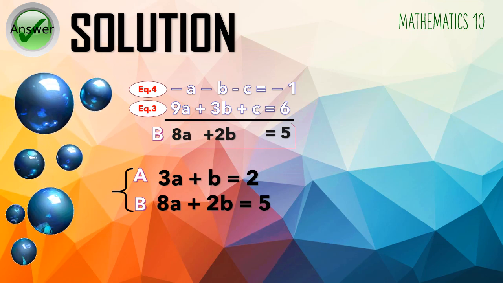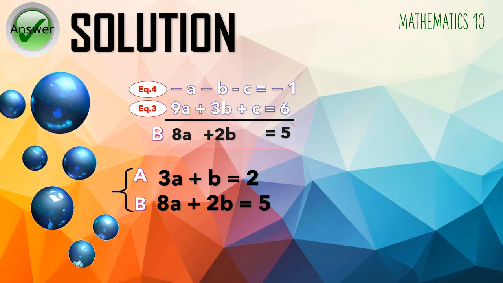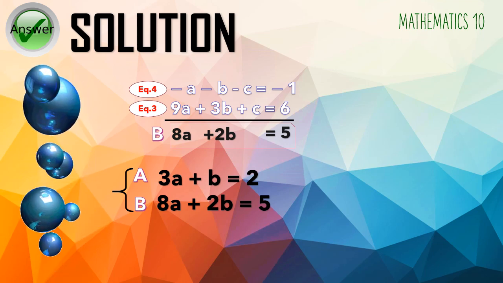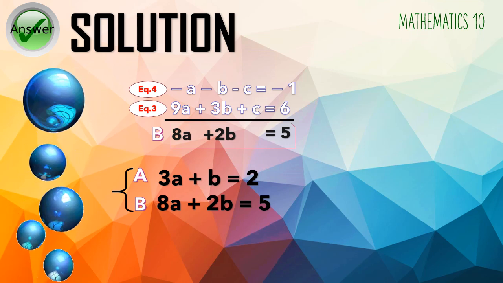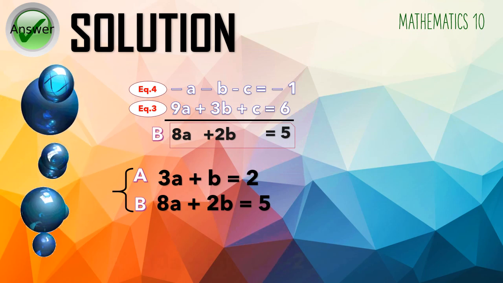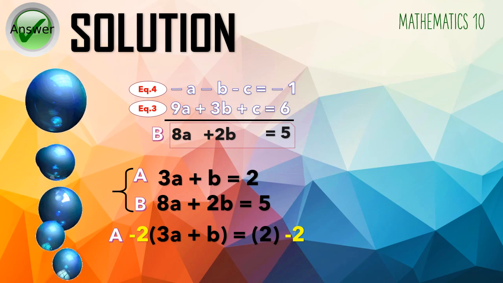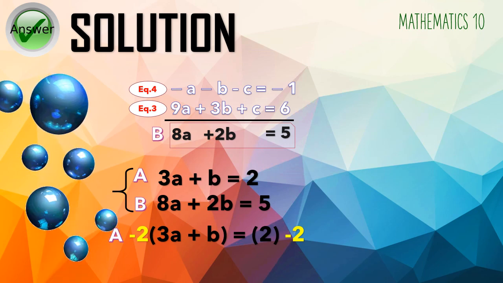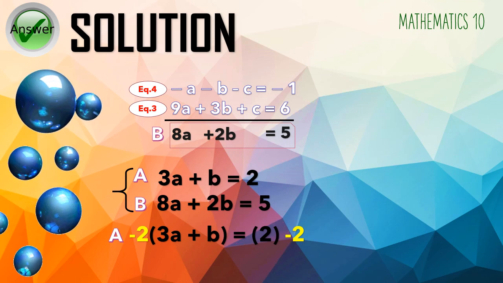Okay, so now, to continue the process, we need to combine our answers in equation A and equation B. To start getting the values, we cannot eliminate one of the terms yet because we don't have additive inverses again.